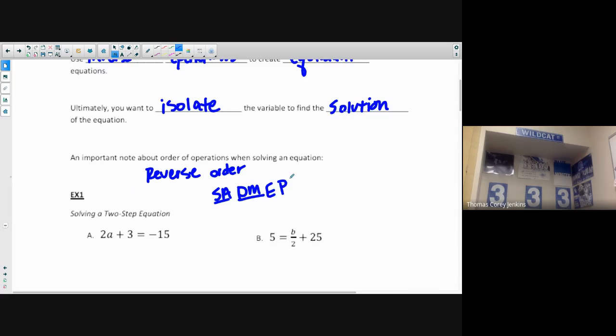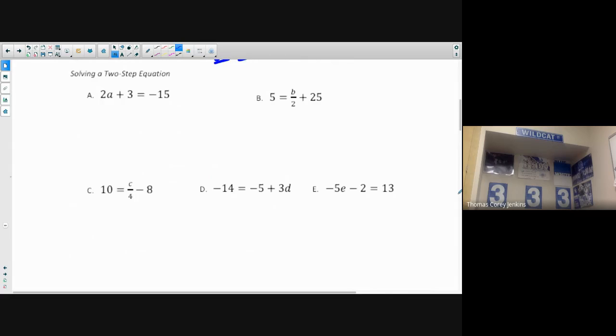PEMDAS backwards is SADMAP. Okay, so for today's lesson, we need to subtract or add before we divide or multiply. You probably remember that, hopefully, from 7th and 8th grade. But either way, that is what we do.